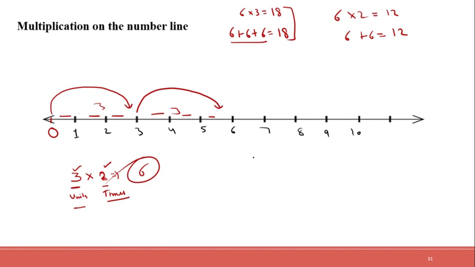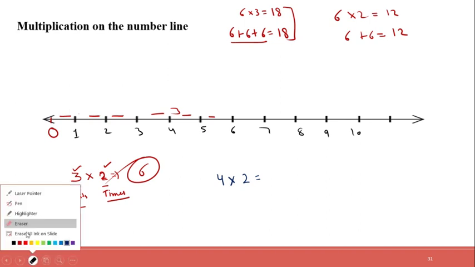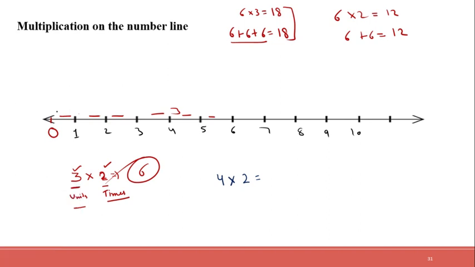Now if I want you to tell me 4 into, let's say, 2. Okay. So how will you proceed? You will jump 4 units at a time. 1, 2, 3, 4.